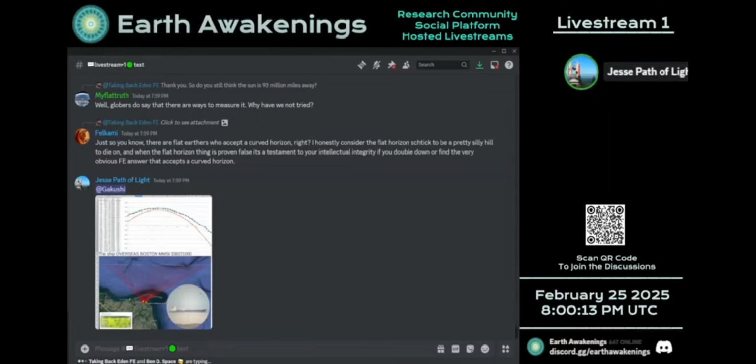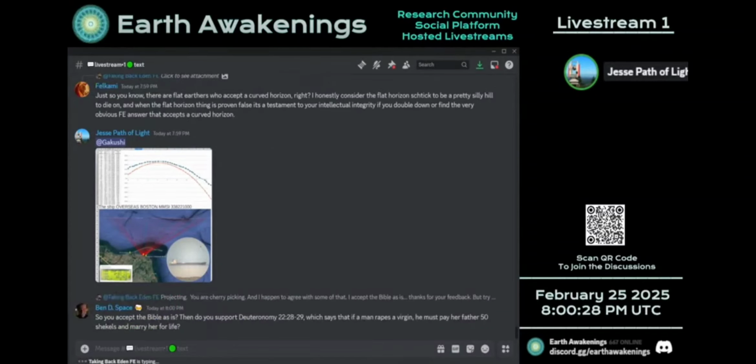This ship called the Overseas Boston, who stands about 100 feet out of the water, was sailing along in a straight line, and I used my surveyor's theodolite to measure the elevation angle, and from that calculate the delta height relative to myself, assuming a flat Earth.